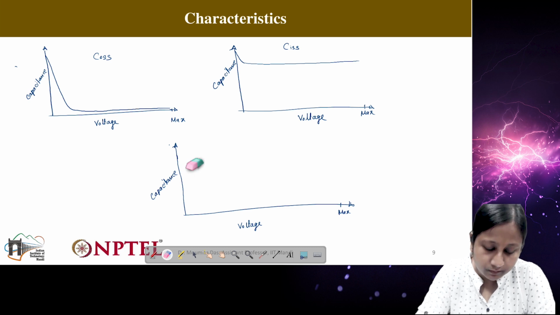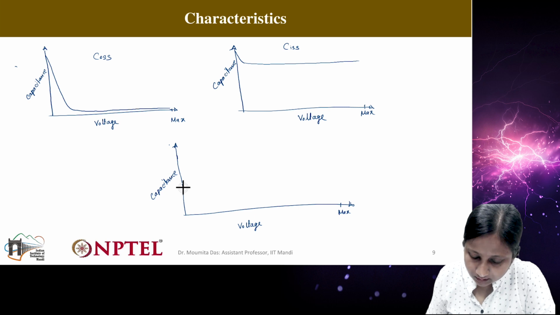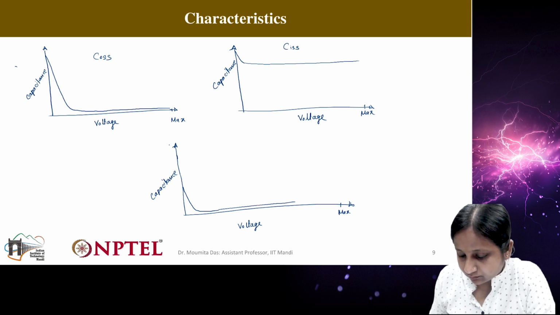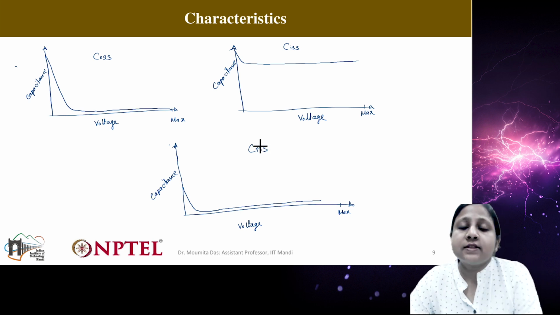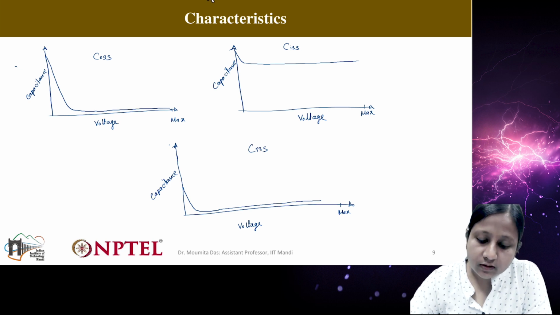In order to keep the scale at a similar level, it has a much lower value, and then it will reduce to a minimum value, same as the Coss. So these are the three different capacitances which we need from the device characterization.